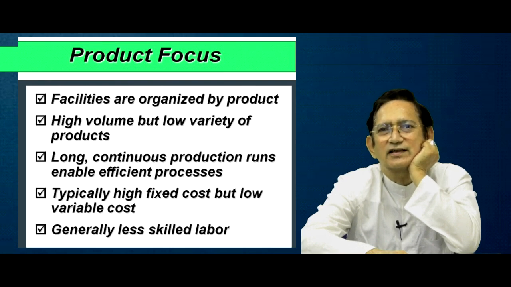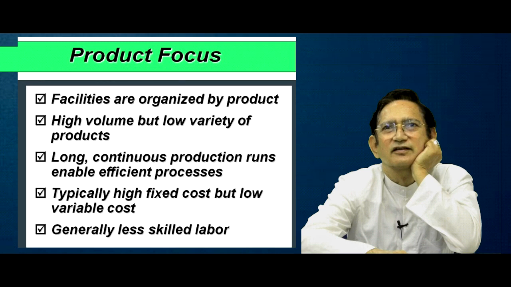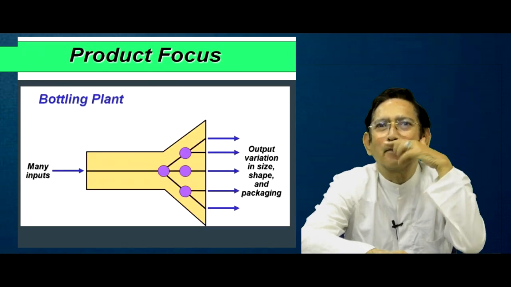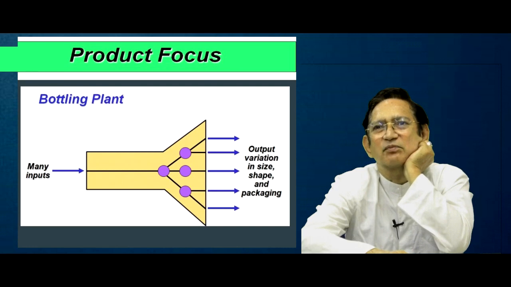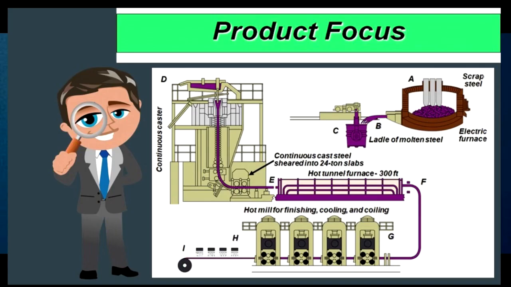Generally, less skilled labor is required. Product focus, bottling plant: many inputs and the output varies in size, shape and packing. Product focus, again it is showing some of the product.